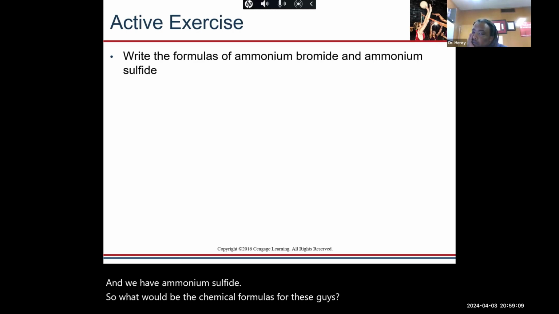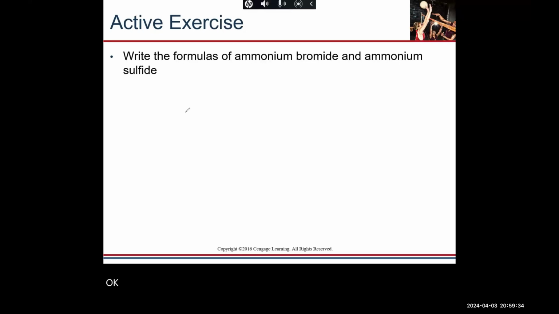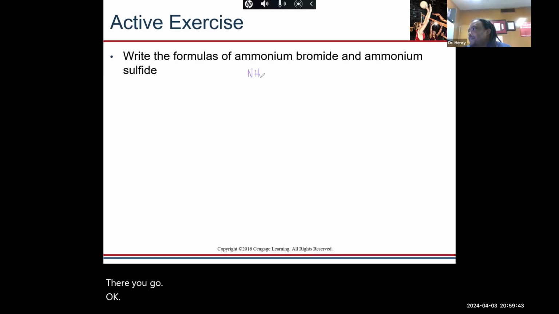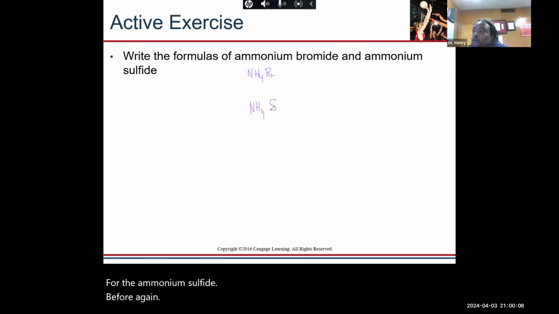Ammonium bromide is NH4Br. And for the ammonium sulfide, NH4 again, S. So how many NH4s should we have?